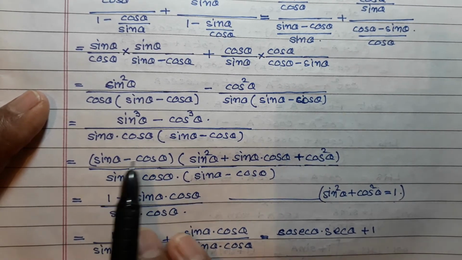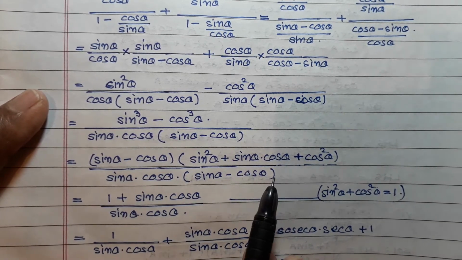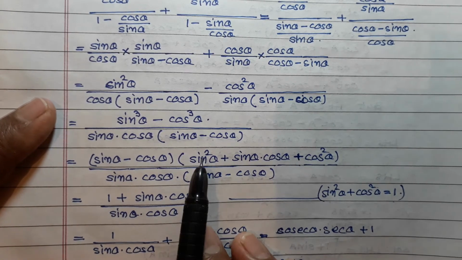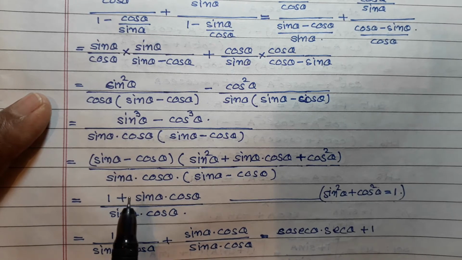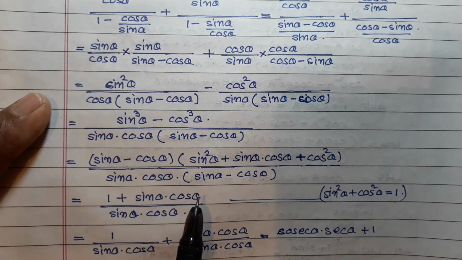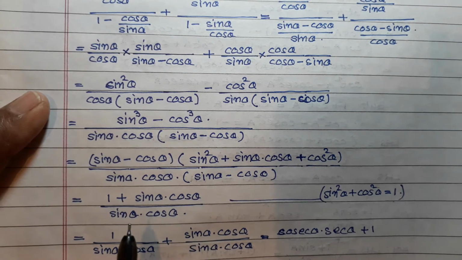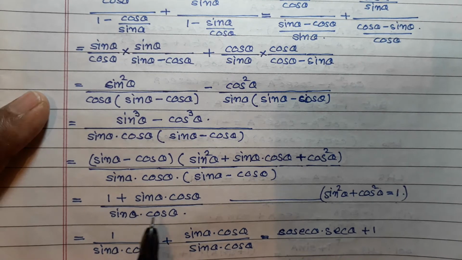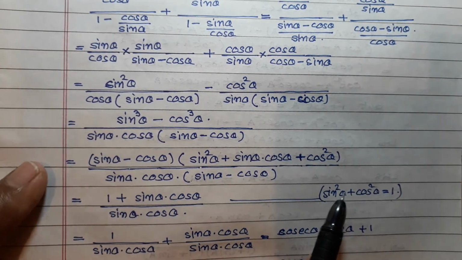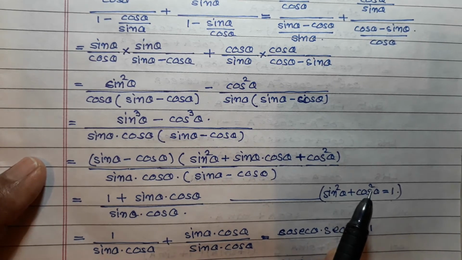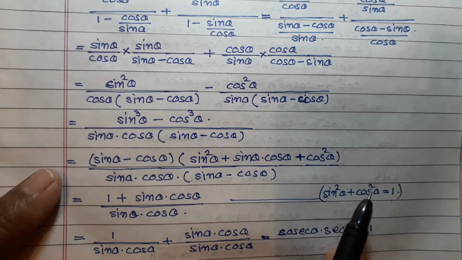Now then sine theta minus cos theta and sine theta minus cos theta get cancelled. Sine square theta plus cos square theta is equal to 1. 1 plus sine theta into cos theta upon sine theta into cos theta, and here I use this sine square theta plus cos square theta is equal to 1 identity.